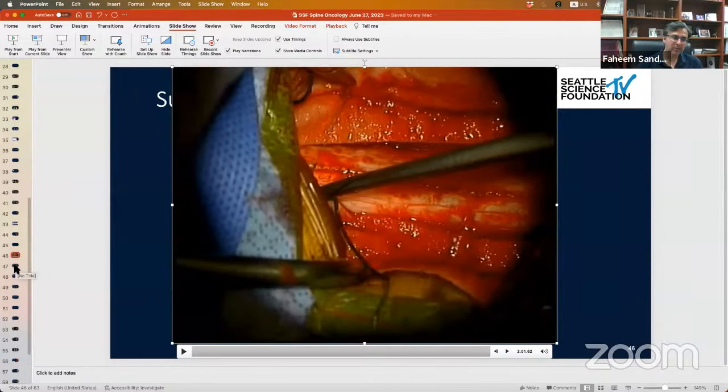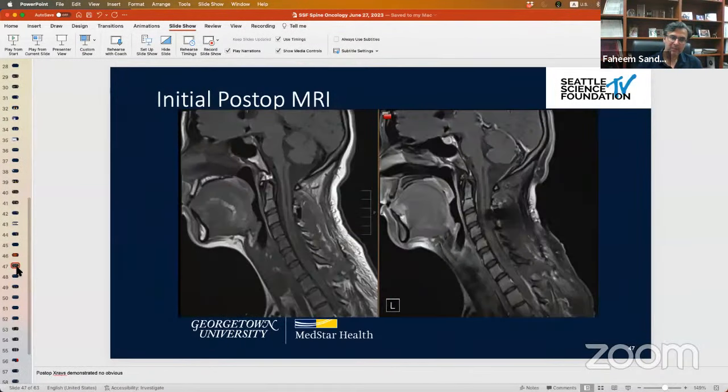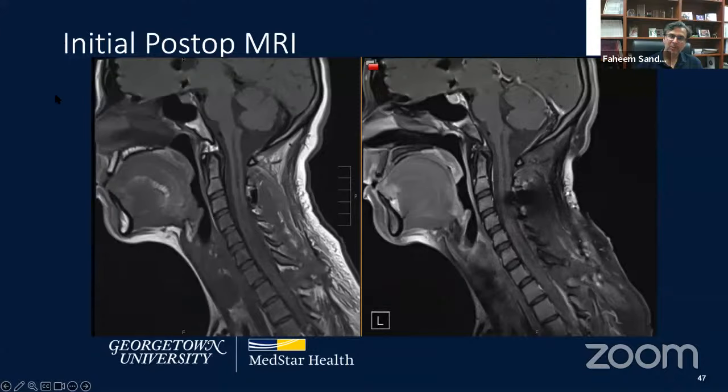It's much more reliable in terms of mapping the corticospinal tracts with the D-wave, and has been correlated better with long-term outcomes. This was the post-operative MRI scan showing gross total resection. Fortunately, she had good strength.